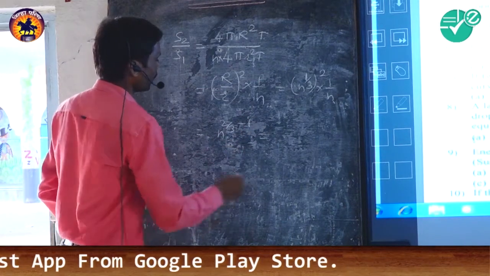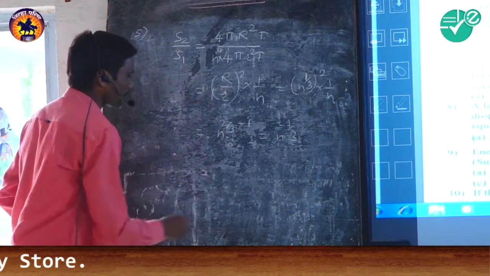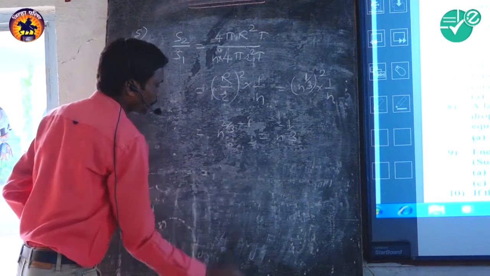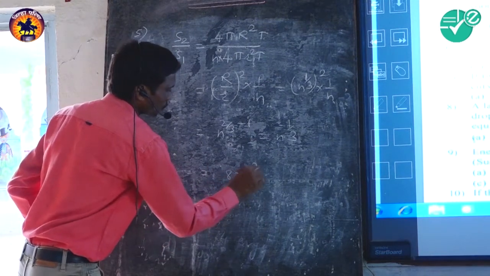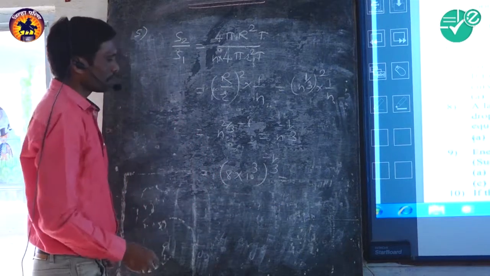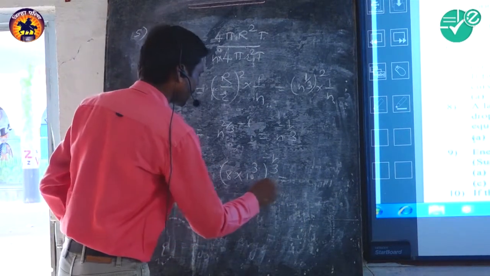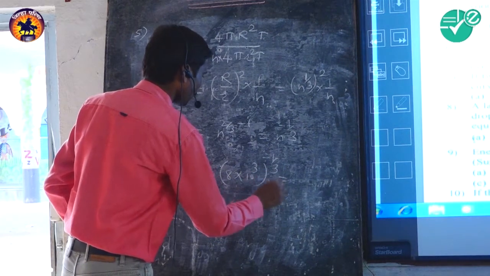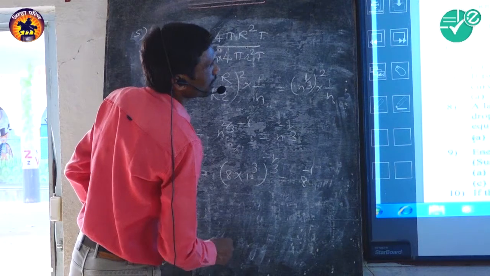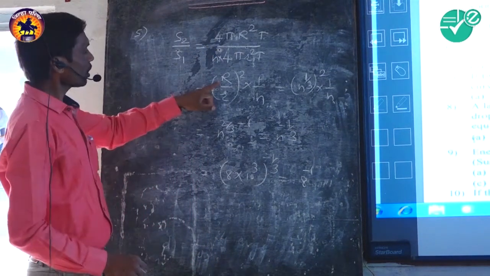So it is equal to n raised to -1/3, and that is equal to 8000 raised to -1/3. 8000 can be written as 8 into 10 raised to 3, raised to minus 1 by 3, and this 3 again gets cancelled. It simply remains 8 raised to minus 1. Sorry, calculate again.